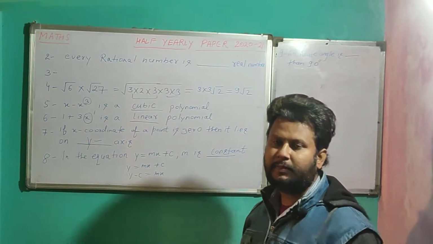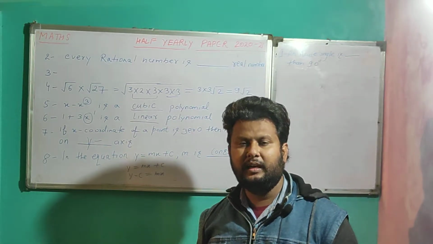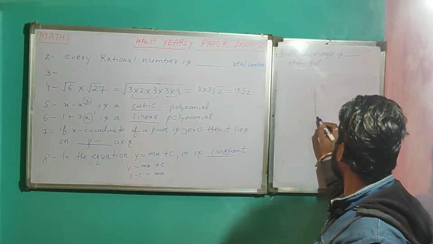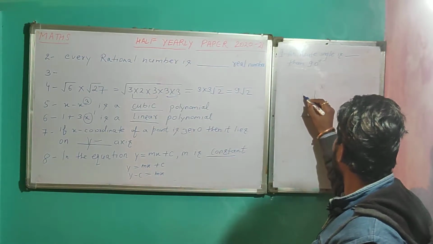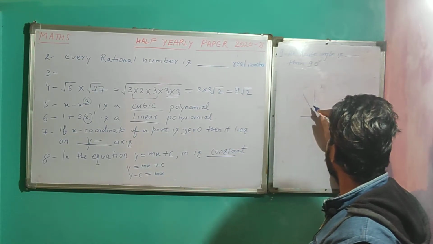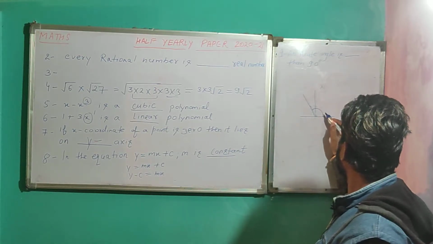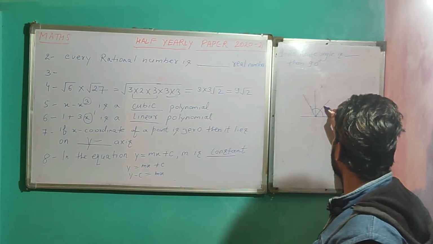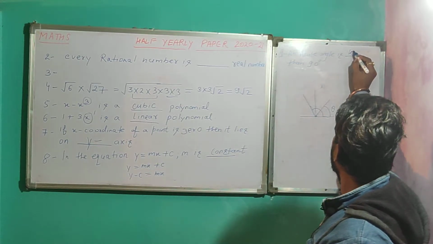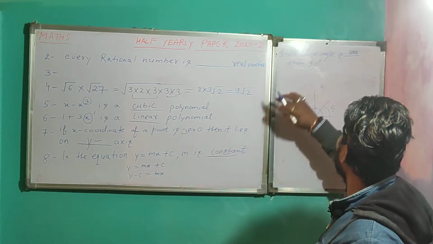We know very well that an acute angle will always be less than 90 degree. The angle which is less than 90 degree is known as an acute angle.